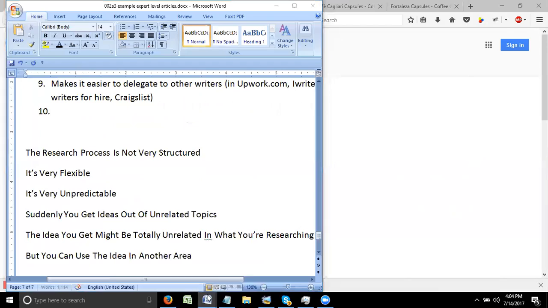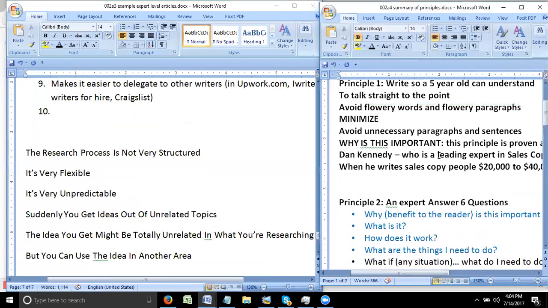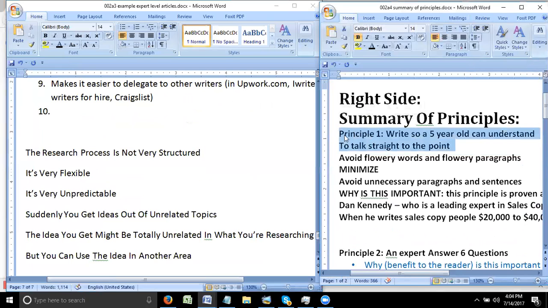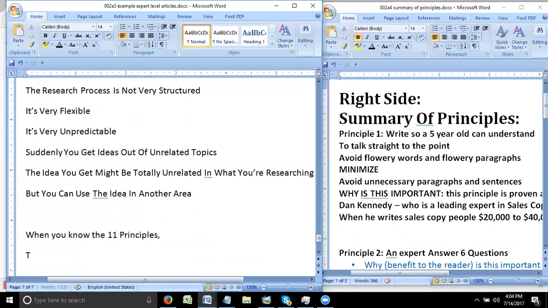That's where the principles right here on the right side come in, because for as long as you are familiar with the principles, you know what pieces of information you are looking for.